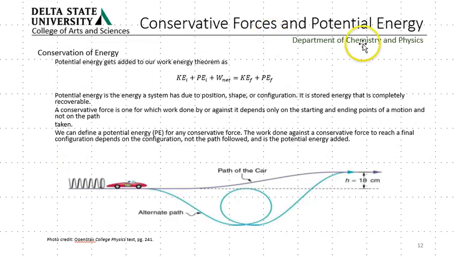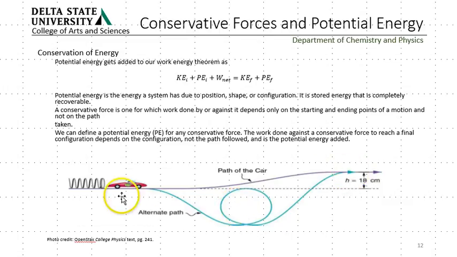Gravitational energy, or conservative forces, potential energy, these are all path independent. All right, path independent. So if we launch this car and it goes up this hill like that, or if we launch it and it goes on this light blue path like that, it doesn't matter.